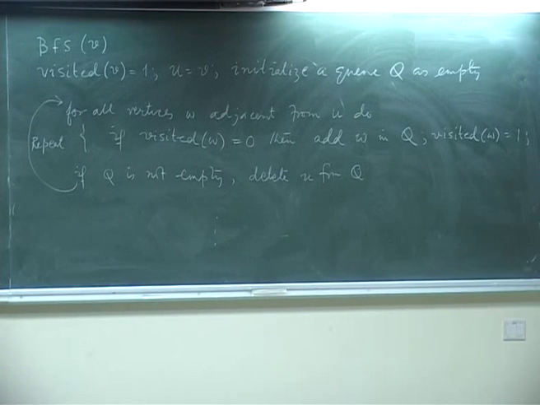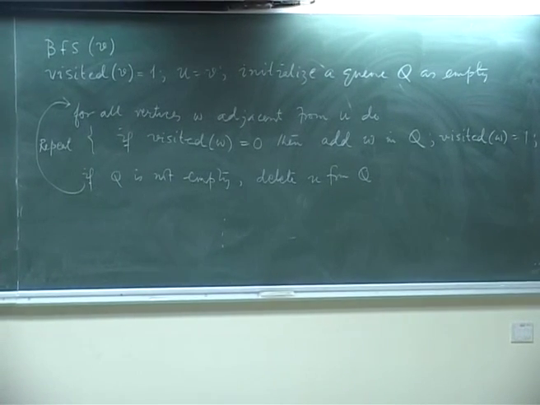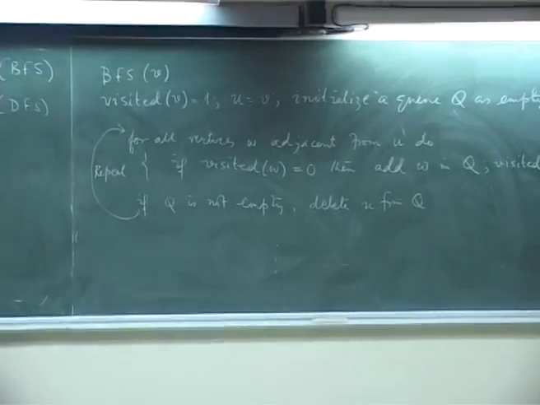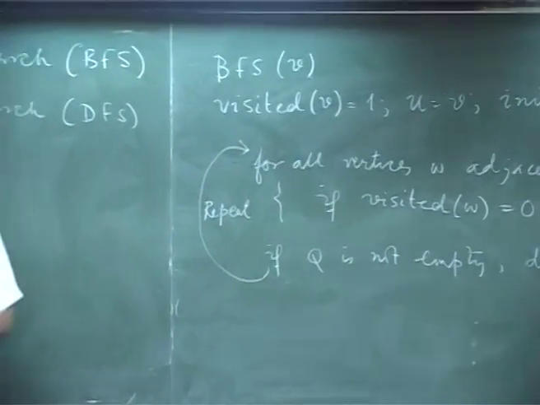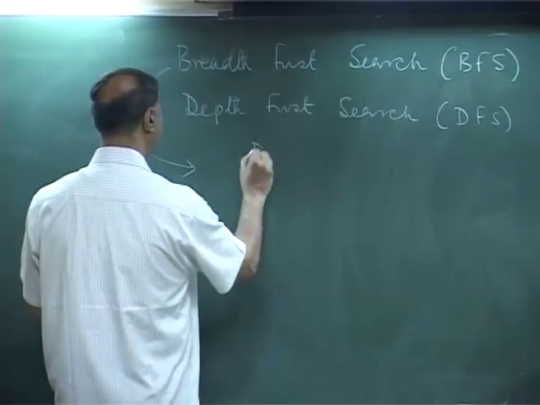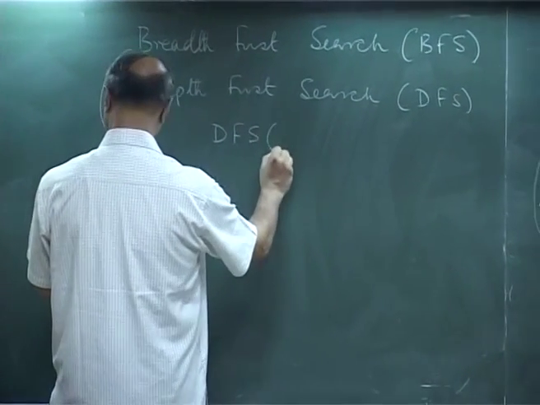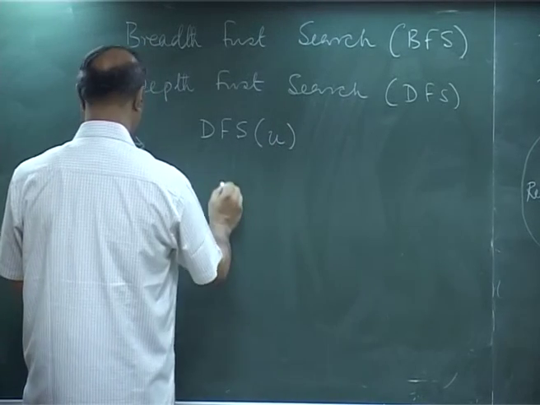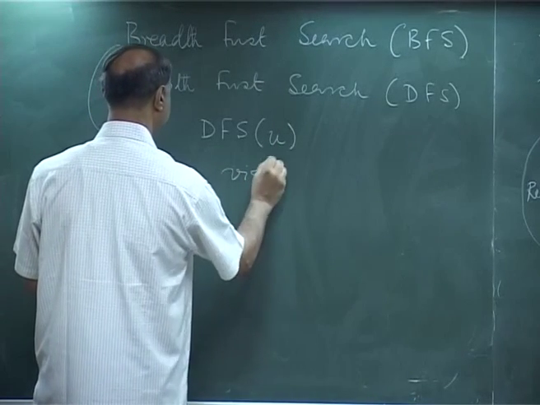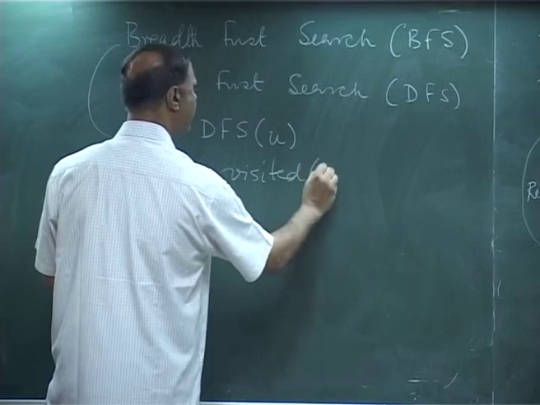But in the case of depth first, the idea is you have to go into the depth of the graph, and the algorithm becomes a little different. DFS V, and the visited algorithm becomes like that.